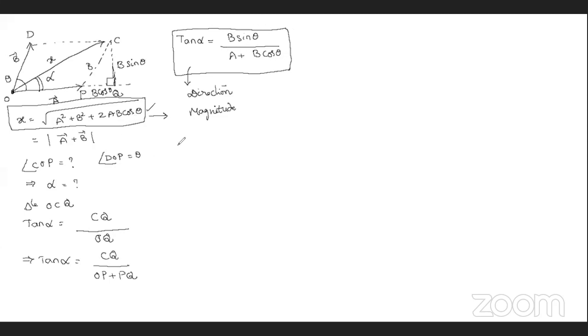Okay. So today I am going to discuss the applications of finding the direction of the resultant vector. Resultant means addition of vectors.